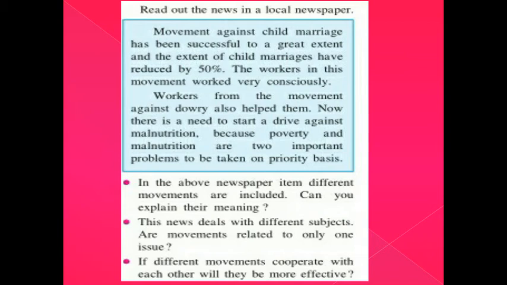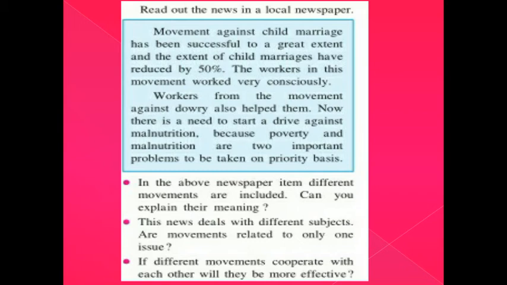From public cleanliness to space research, they have to take into consideration all matters from a national perspective and take decisions. Political parties are expected to have a program for the problems of all sections of the society.